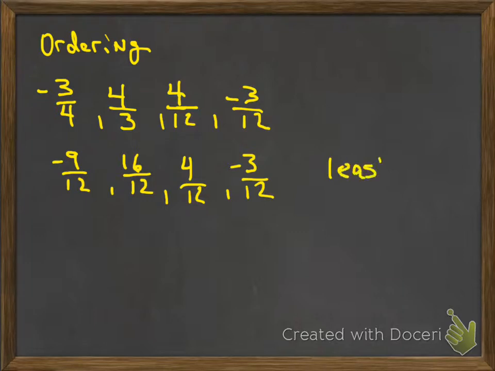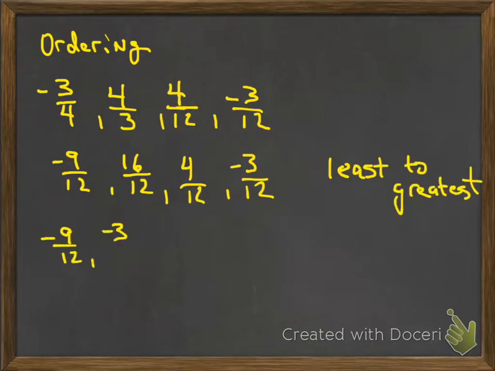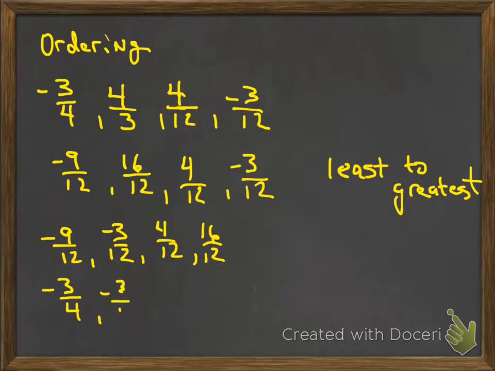Now let's put these in order from least to greatest. Well, the biggest negative is the lowest, so that's negative 9/12, then negative 3/12, then positive 4/12, and positive 16/12. And if I was looking for this on multiple choice, I would reconvert them back to whatever form they were asked in, and then go from there.